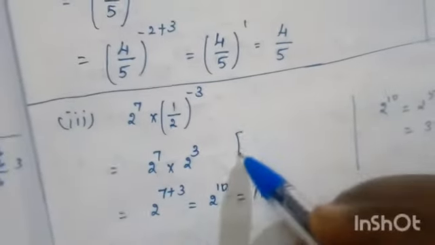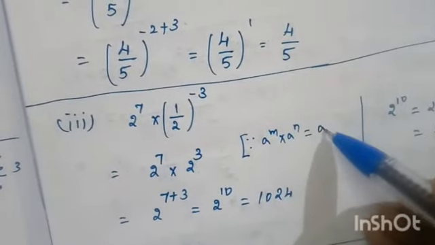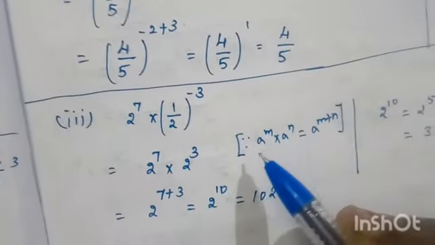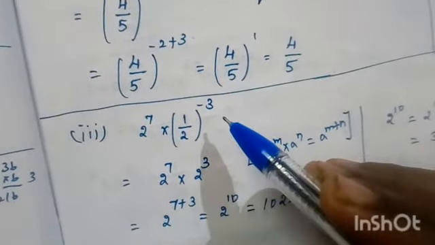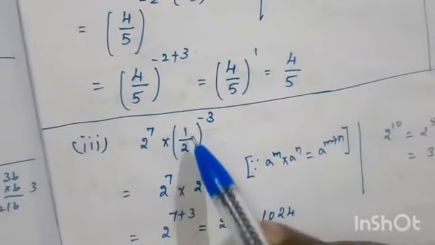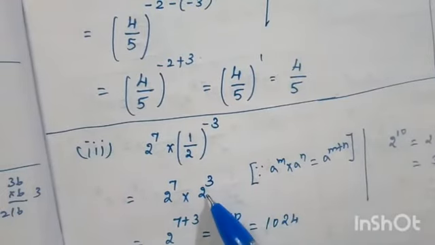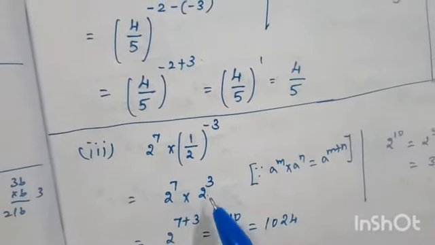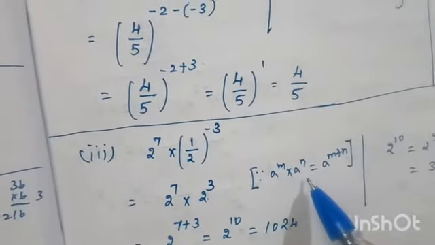For this problem, at the side you have to write a^m into a^n is equal to a^(m+n). For the same way, (1/2)^-3, we are just using the reciprocal rule, so you need not write this. Here we are using these rules, so you have to write them at the side.